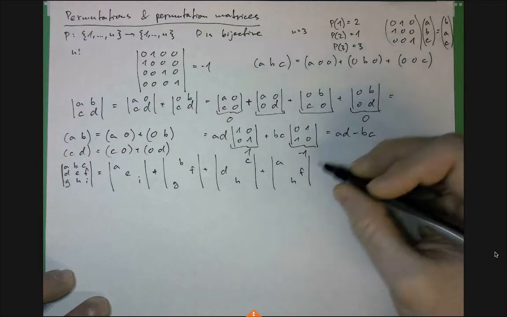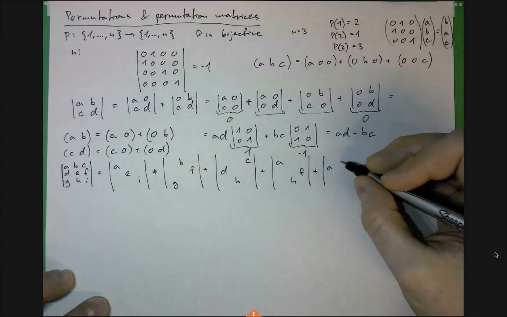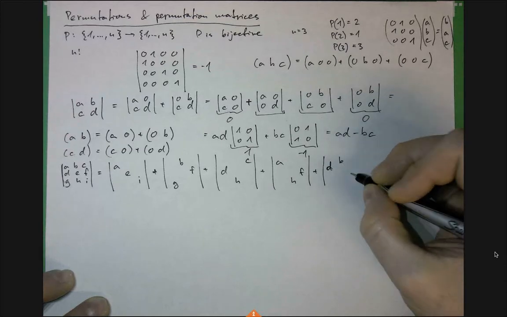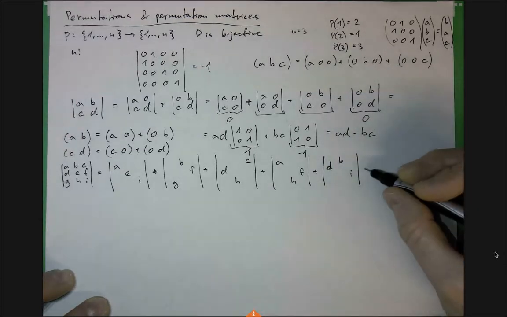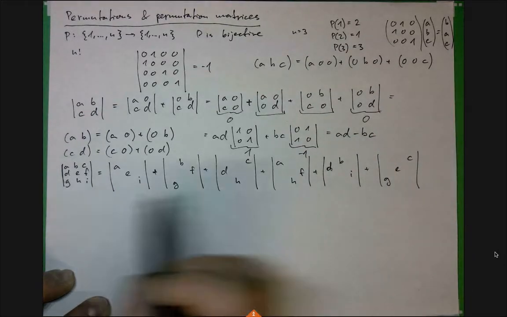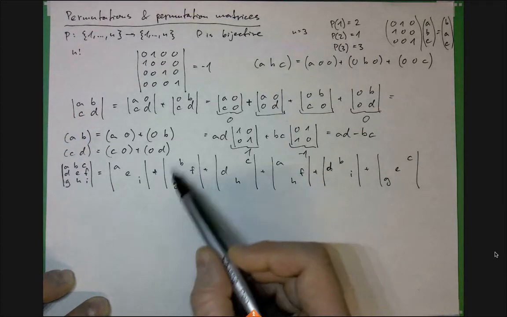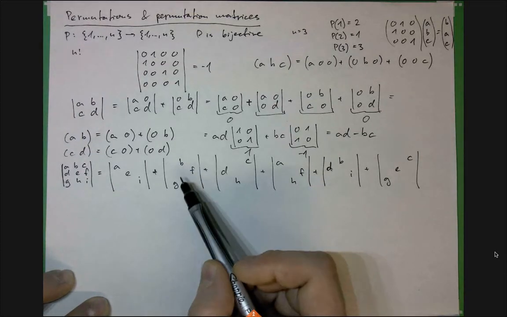Whatever is void is just 0. DBI plus GEC. So everywhere else is zeros. Really those are the only ones that survive, that don't leave any zero column or row.